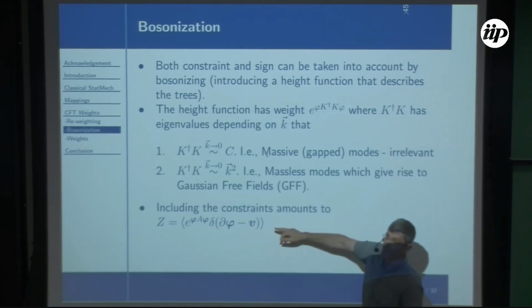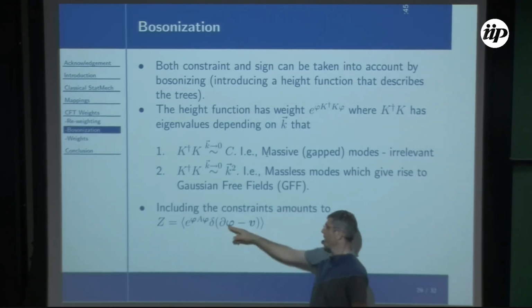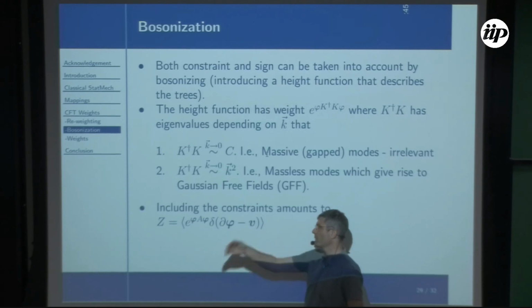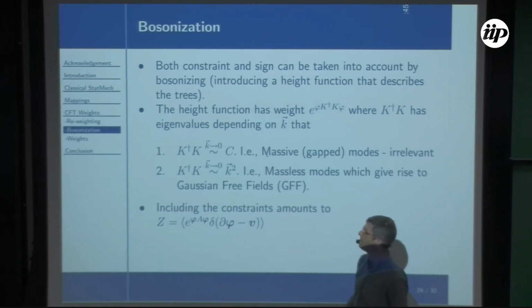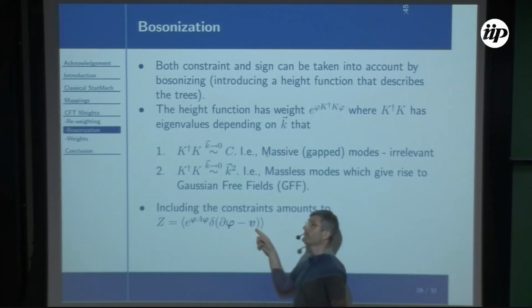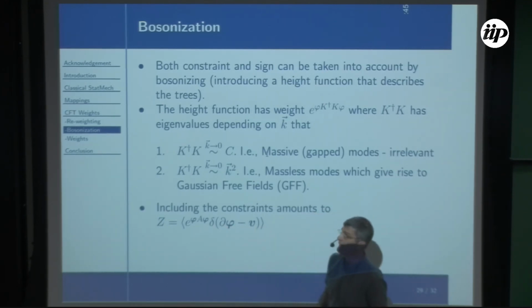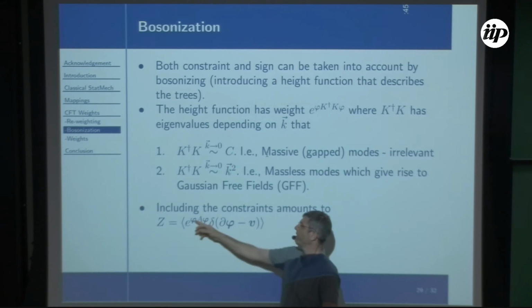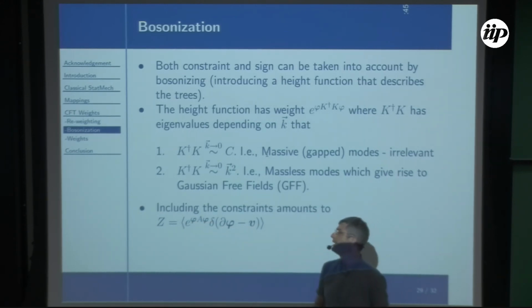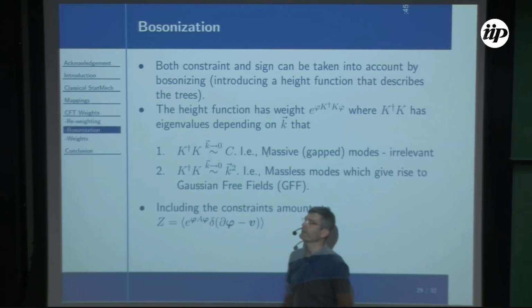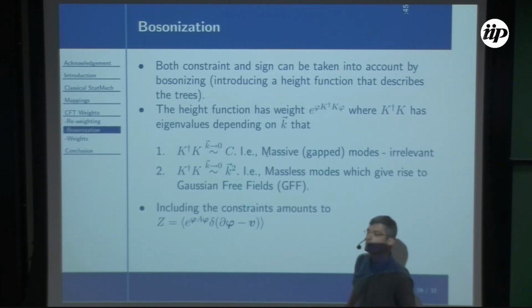And luckily, the constraint, which says that the number of times I visit a vertex and the number of times I leave a vertex are equal, can be written in this way through the height function, which means that this problem is tractable. So this kind of partition function is tractable.